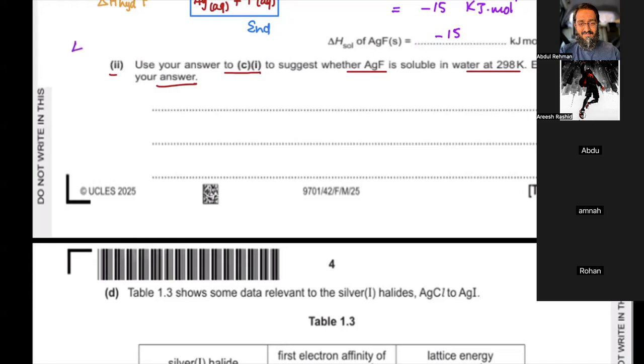So you must remember that if the enthalpy change of solution is positive, then the compound is less soluble. And if it's negative, then it is more soluble.